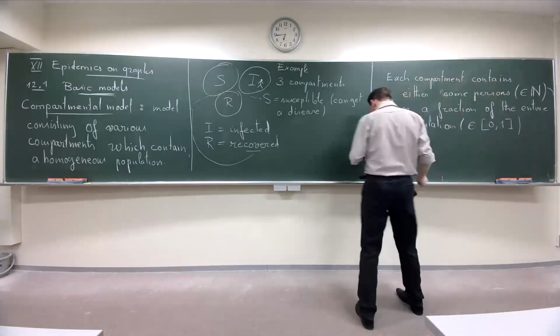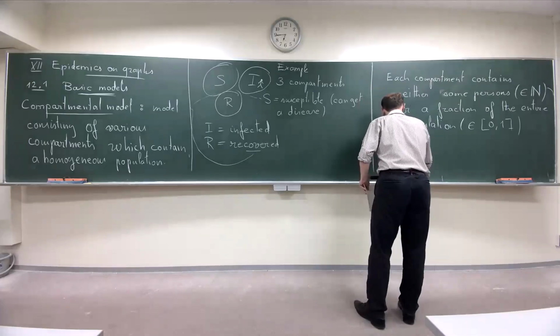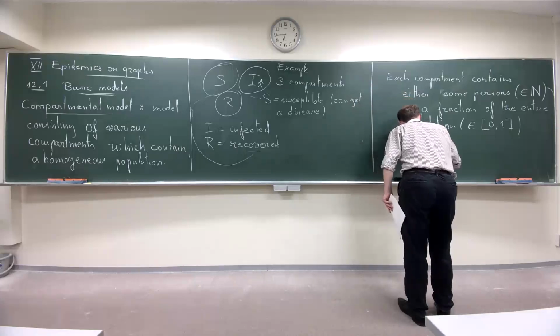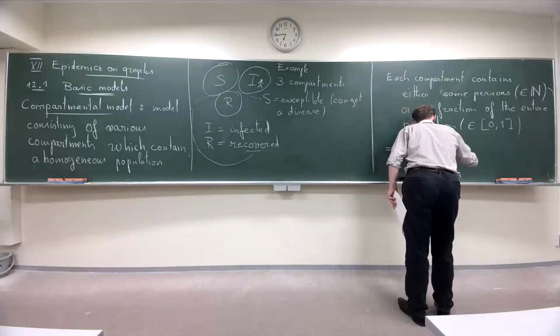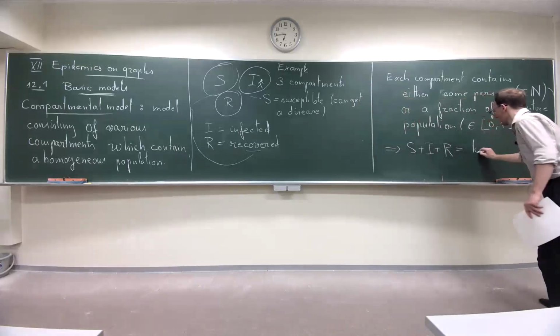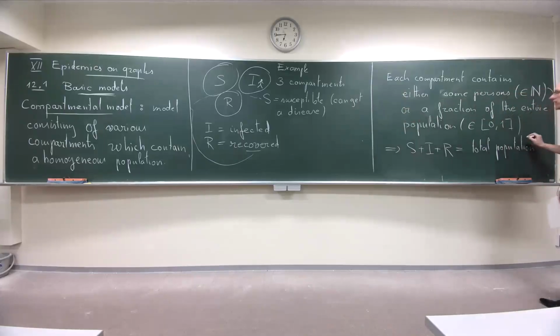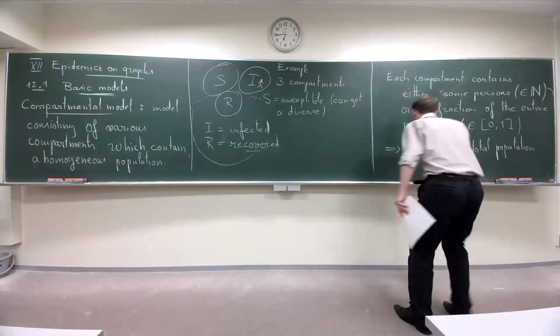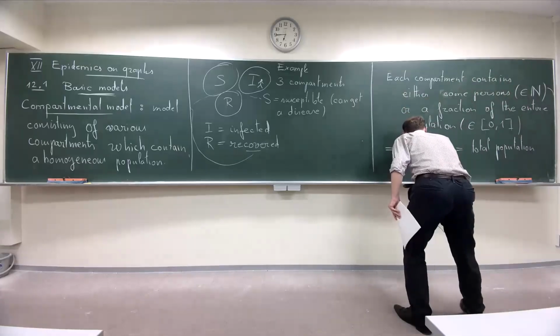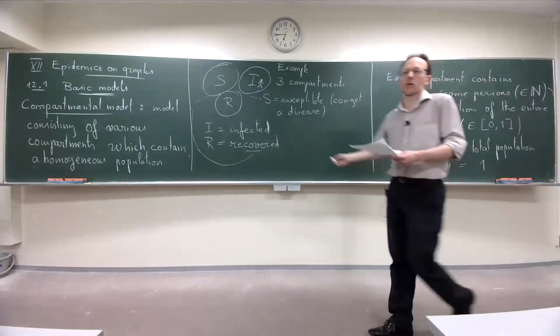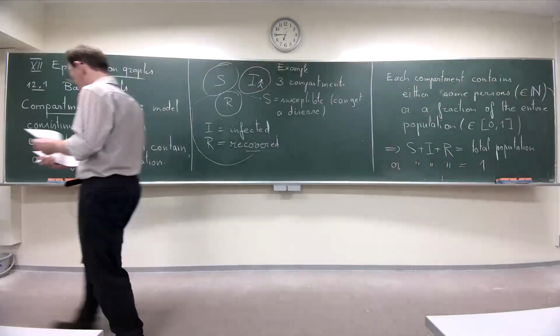But what we have always, in the first case, is that S plus I plus R is the total population. If you count the individuals, you get the total population, or S plus I plus R is equal to 1, depending on which picture you prefer.